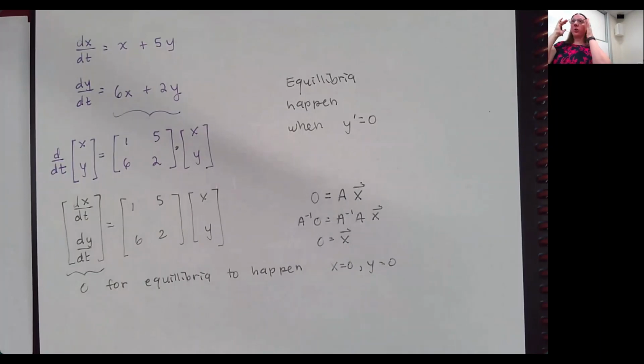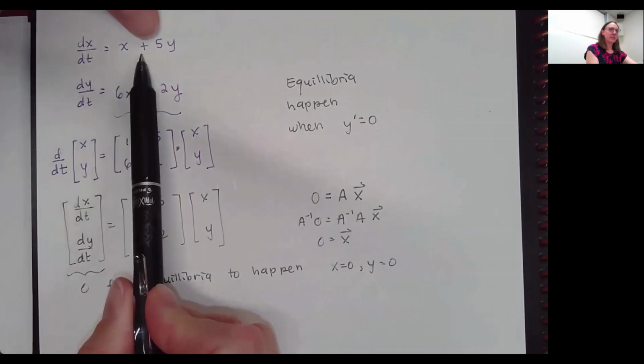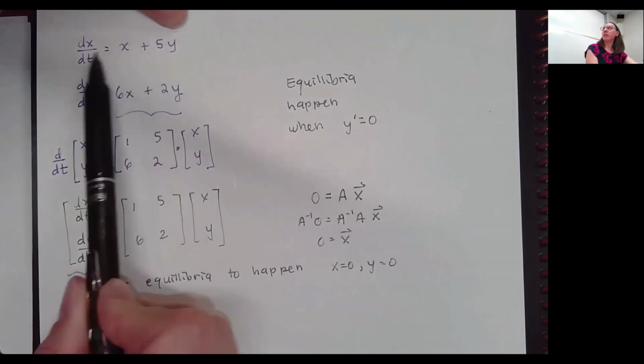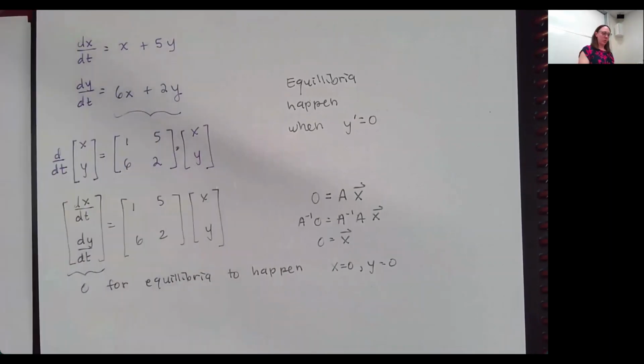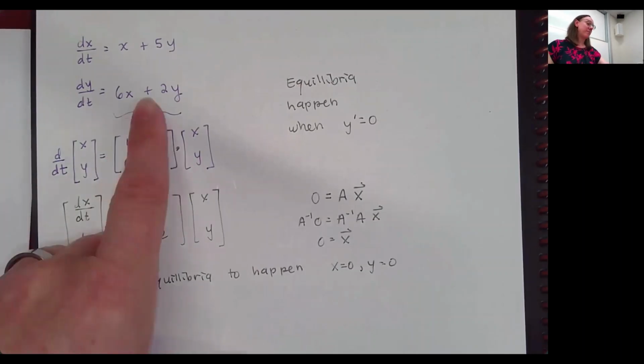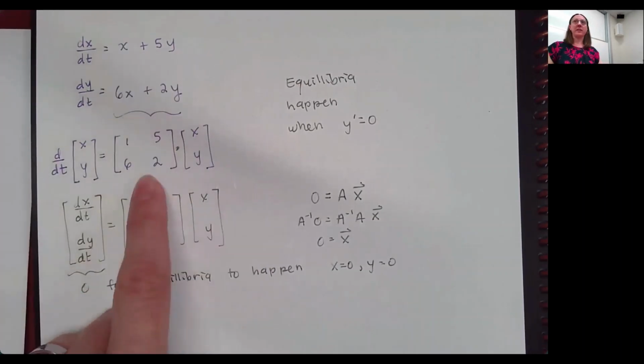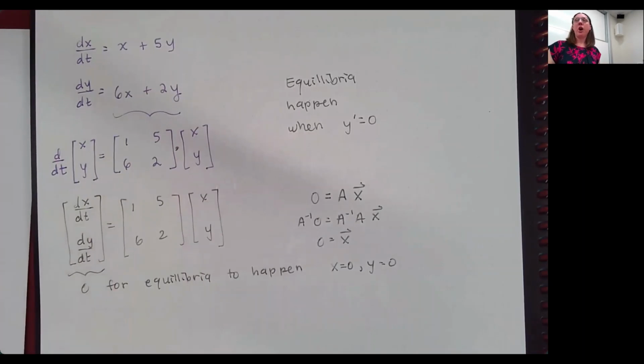And when we get to those, we're going to have more interesting equilibria. But for right now, if it's linear, if I can write it as a constant times X plus a constant times Y for both of the equations, my only equilibrium is going to be 0, 0. Unless the determinant is 0 here. Yeah. Okay.